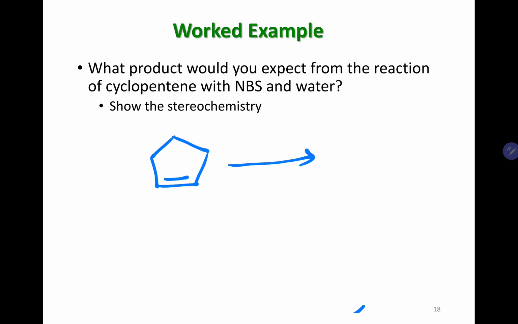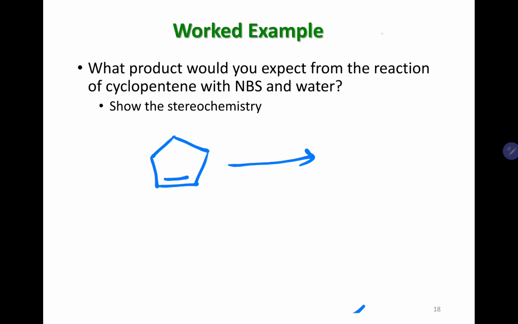So we may have to worry about anti-stereochemistry. Remember, this mechanism also goes through a bromonium ion. So because of that, we might have to worry about the anti-stereochemistry. And in fact, we do.